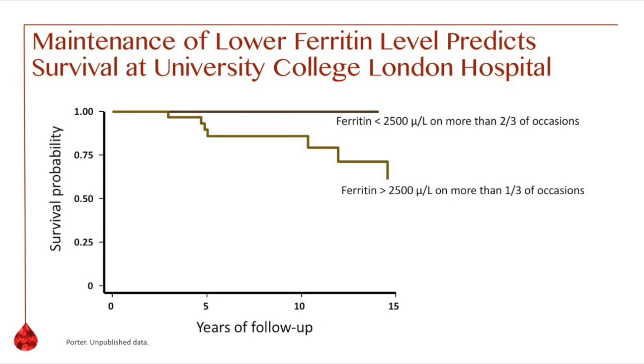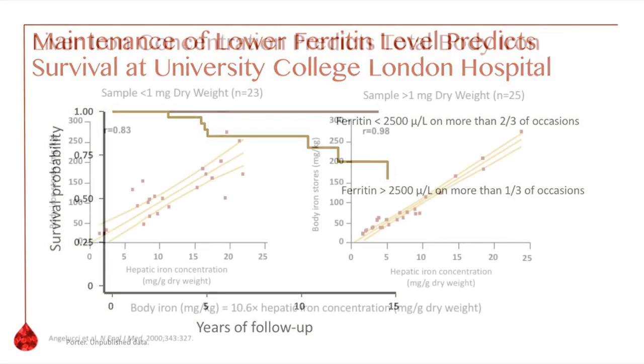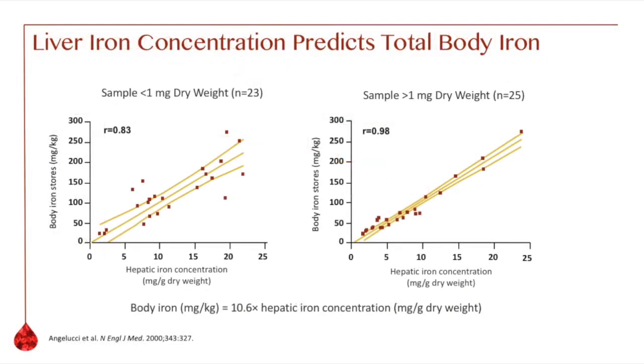These data suggest that maintenance of ferritin levels at less than 2,500 micrograms per liter is a positive prognostic indicator for increased survival in thalassemia. However, there are no comparable data in sickle cell disease. This is still considered a valid clinical endpoint. Direct measurement of organ iron is the best method for assessing iron overload.